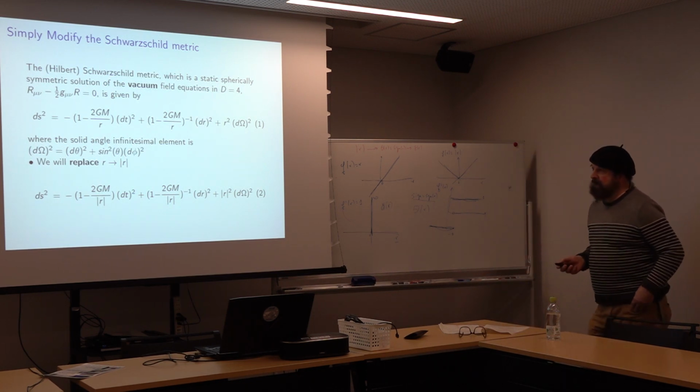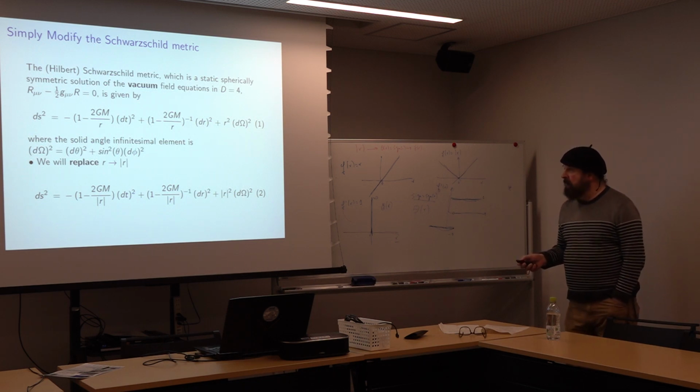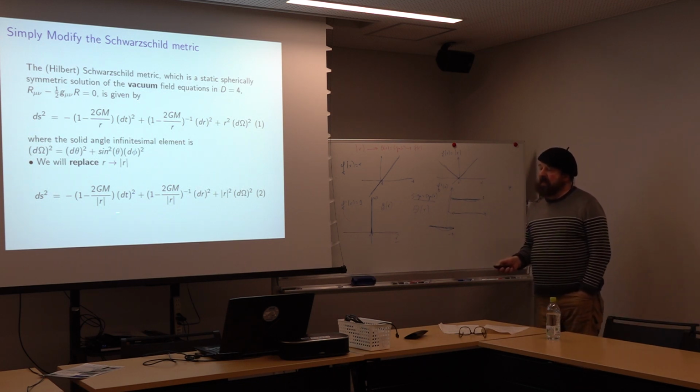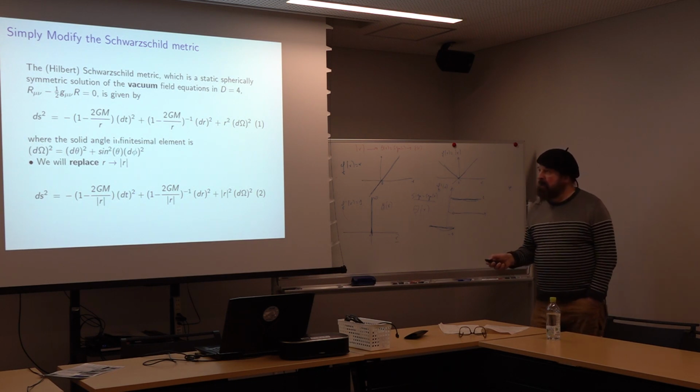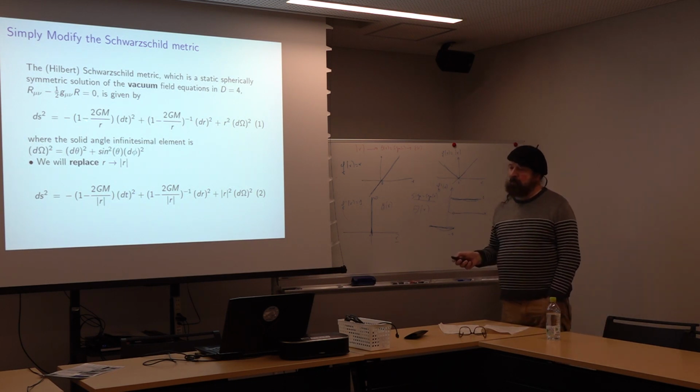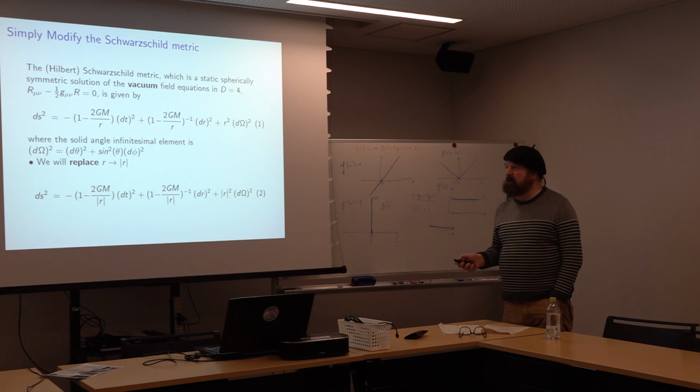Okay? And also another interesting thing is the following. By using this absolute value of r, I can perform an analytic continuation from positive values of r to negative values of r. If you want to have an analytic continuation to negative values of r, you can do it, but in order to do that, you also have to switch the signs of the mass.